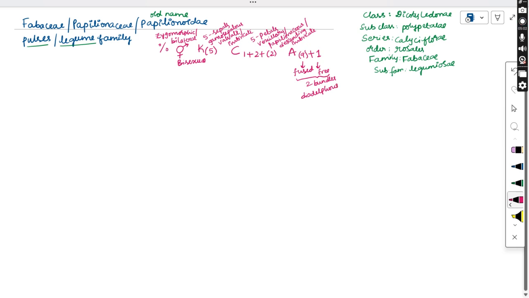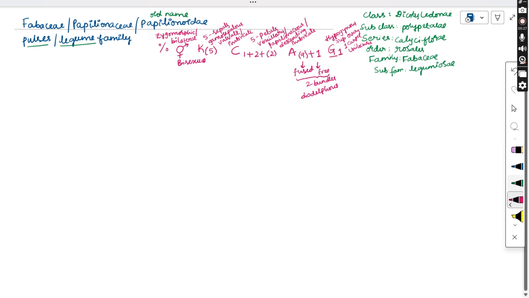So diadelphous stamens can be seen. Coming to the gynoecium, it is hypogynous. It shows a superior ovary and only one carpel is present. A unilocular type of gynoecium can be seen.